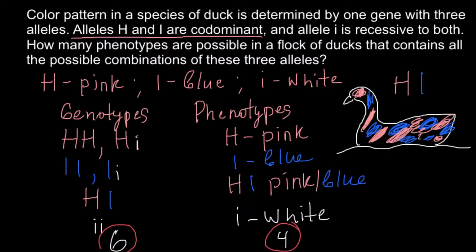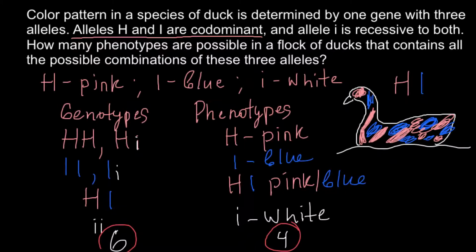For example, if we have incomplete dominance and we have two colors, say one color black and another one white, in incomplete dominance we would have an intermediate color like gray.